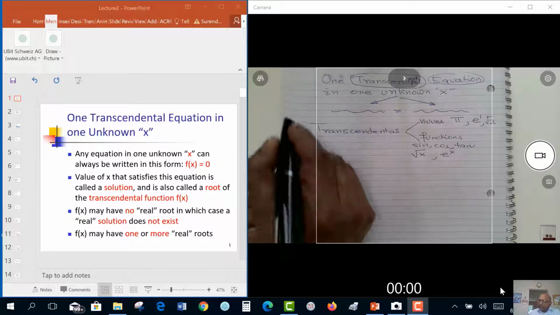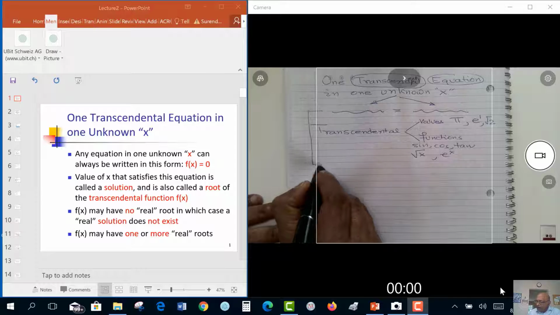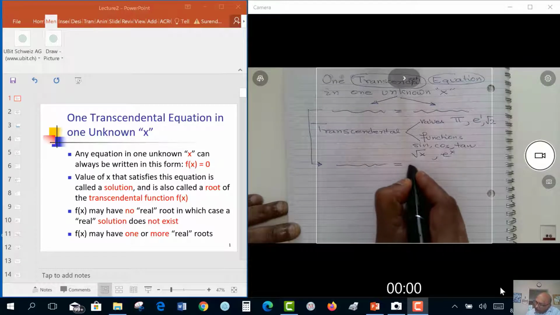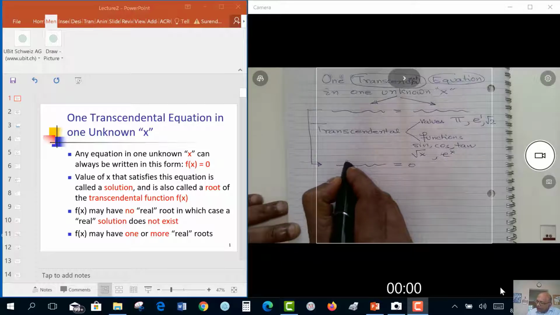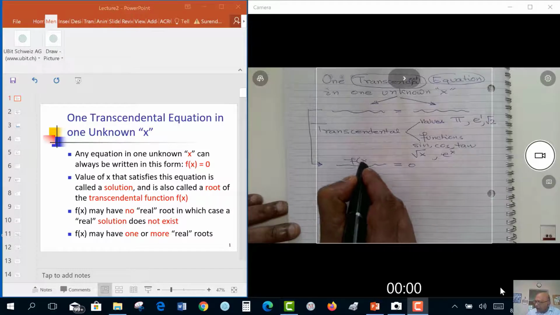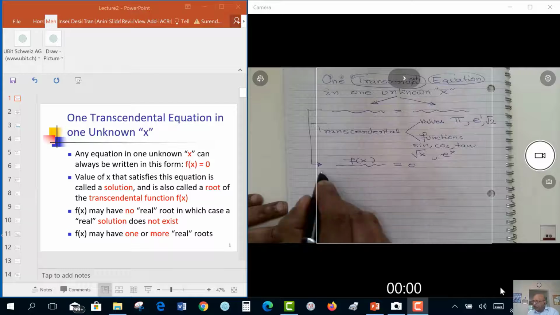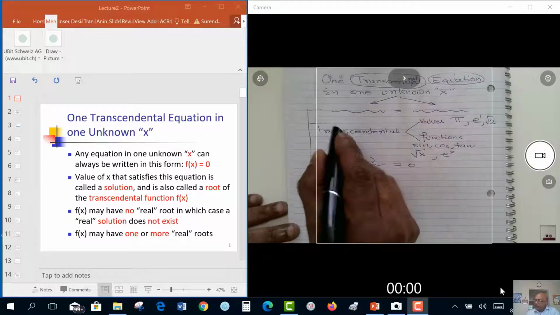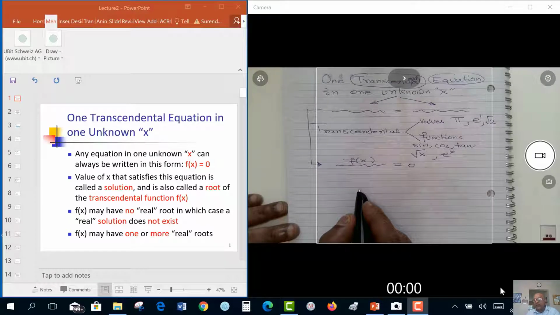Then what we do is any equation that we have, we can eventually write it in the form something is equal to 0. And this something is what we call a function of x, because the only unknown there is x. But this transformation of the equation we can do in many different ways.